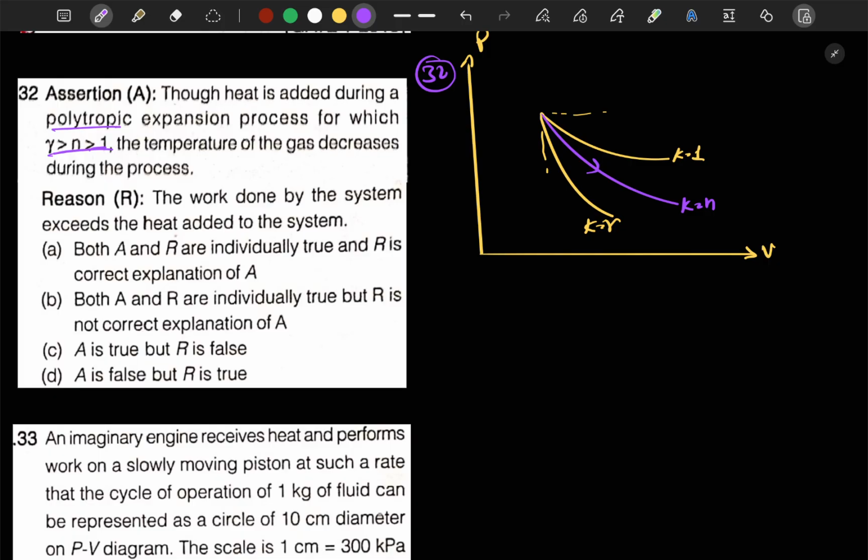We will further explore this topic in the next lecture. So I should just tell you this option is correct: the temperature of the gas decreases, and it happens because the work done by the gas exceeds the heat added to the system. We will discuss this concept in the next lecture.